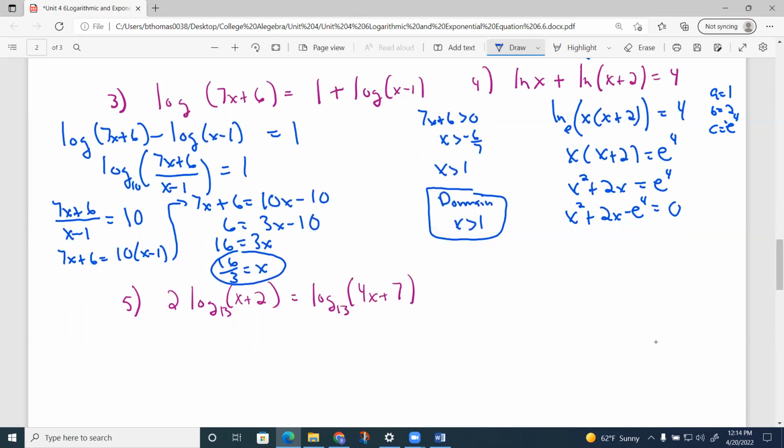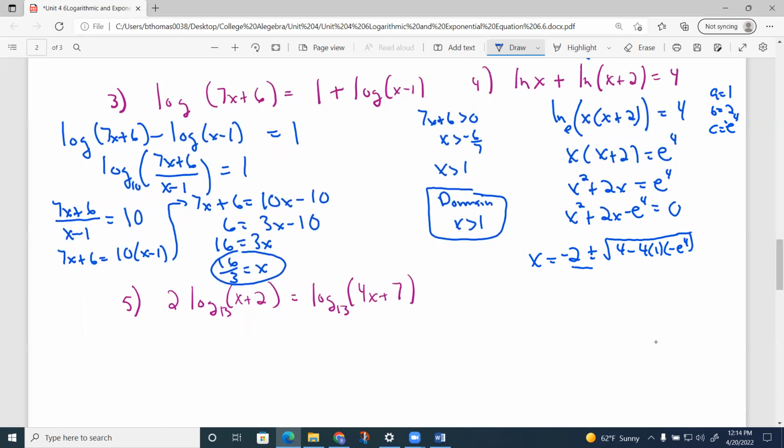So remember in our formula we have x equals the opposite of b, so that's going to be a negative 2, plus or minus the square root of b squared, so 2 squared would be 4, minus 4 times a, which is 1, times c, which is negative e to the 4th power.